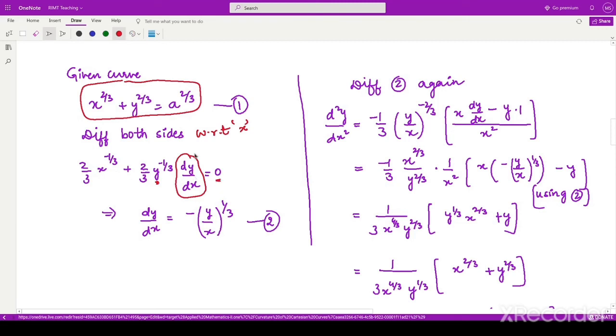So when you rearrange it for dy upon dx, it comes out to be minus y by x, whole raised to power 1 by 3. So this is one quantity.